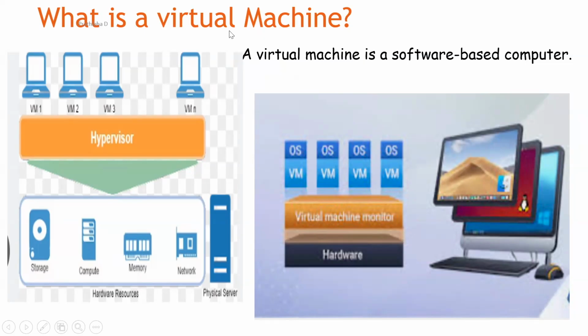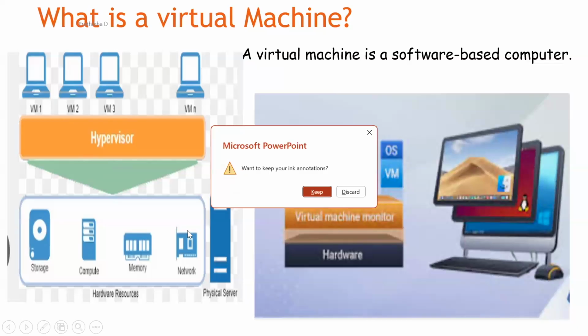Whereas in the case of a virtual machine, what happens is I'm using a hypervisor. I'm installing a hypervisor, and on top of it, I'm installing different completely isolated logical computers. I'll tell you how it works.